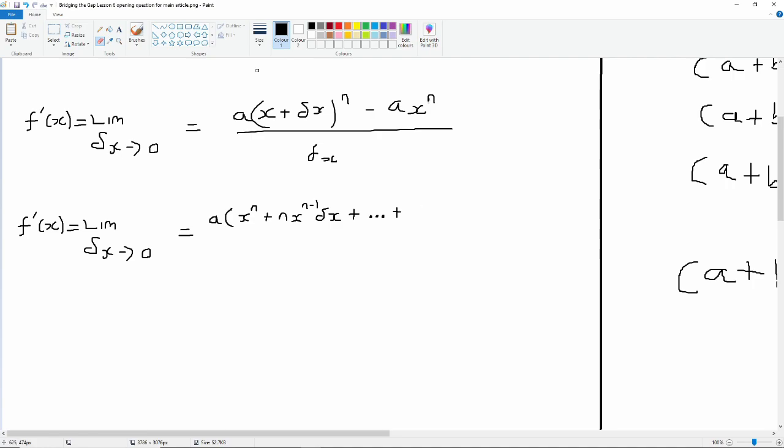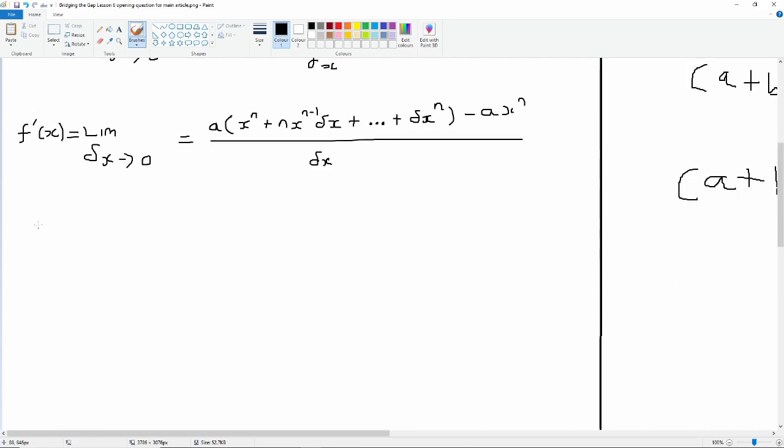So this is delta x to the power n, and that's all. We've got to subtract that a times x to the power n, and then all that is divided by delta x, and I think that's the hardest part done.